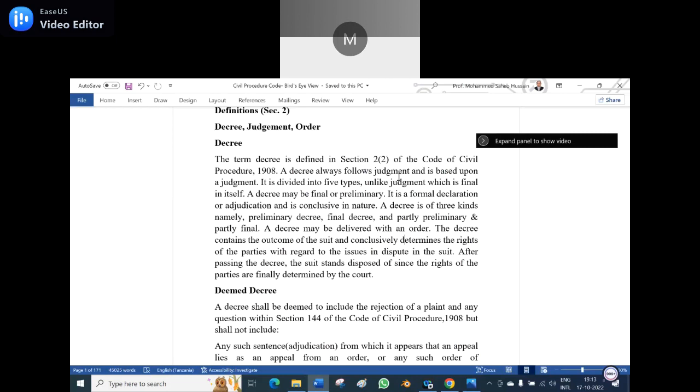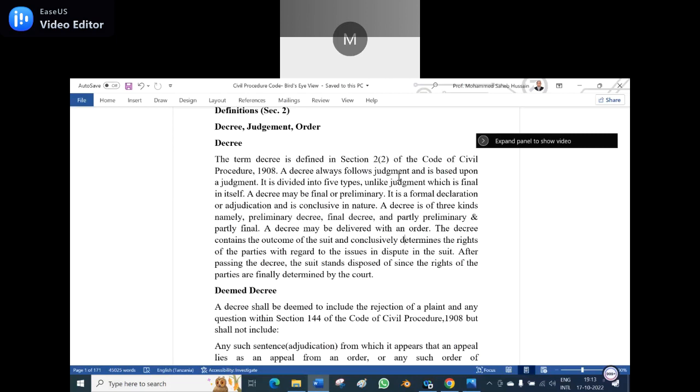After passing the decree, the suit stands disposed of since the rights of the parties are finally determined by the court. So, whatever the parties' rights are in that dispute, they would be conclusively made in the final decree.